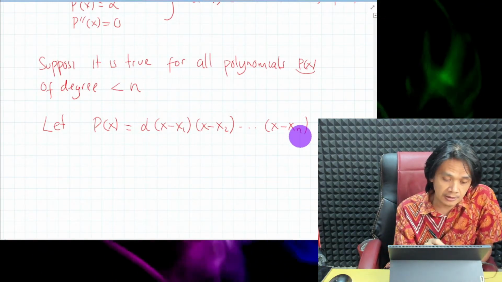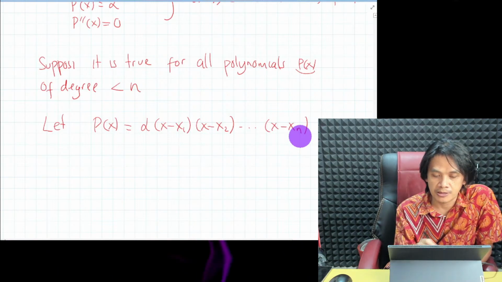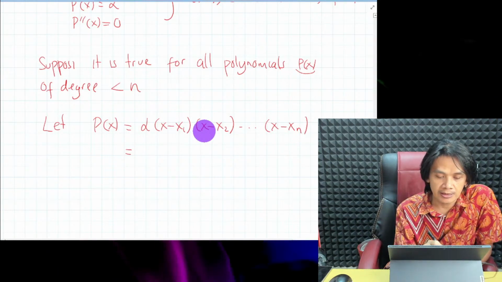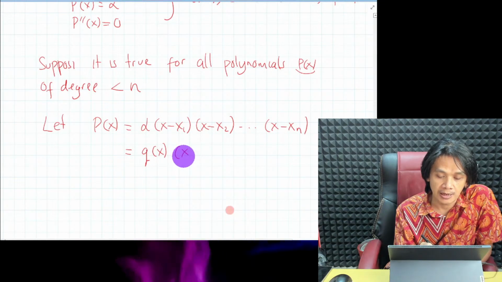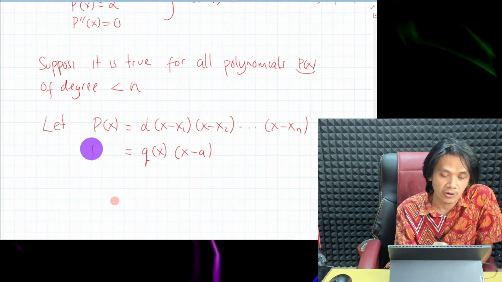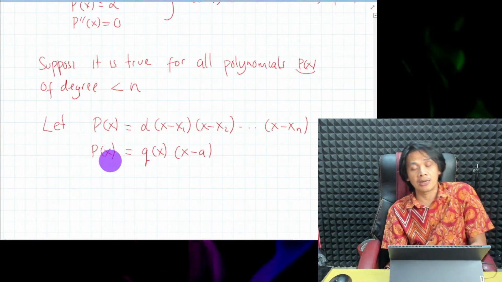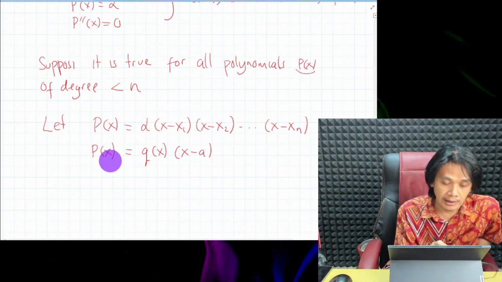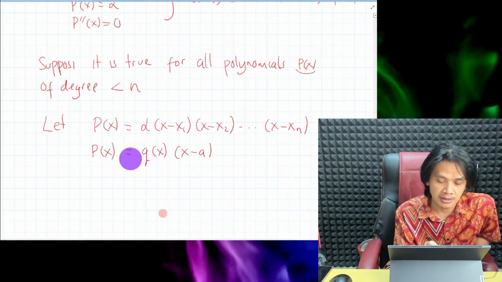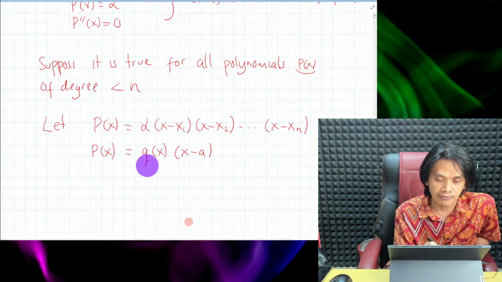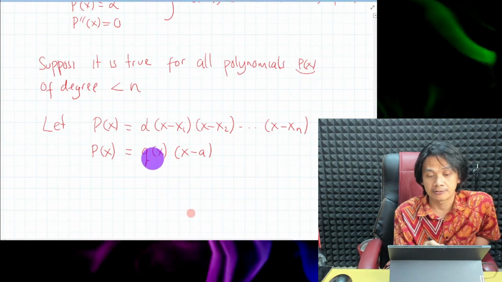Or better, because we don't want to specify like this, let me write it in this way: q of x times x minus a, for example, right? Since all the roots are real, we can rewrite p of x as x minus a times a polynomial of degree less than n, right?